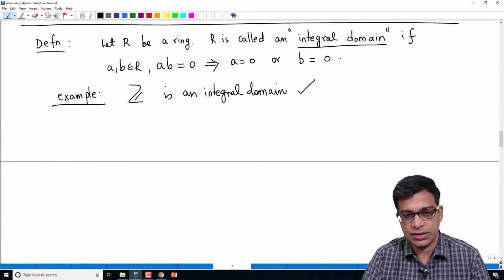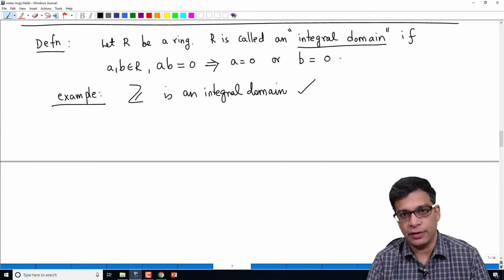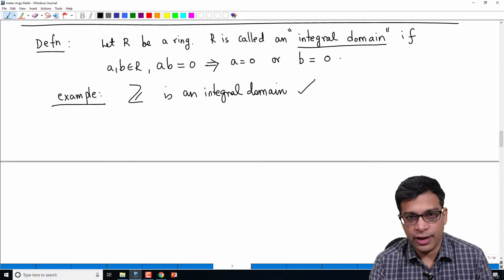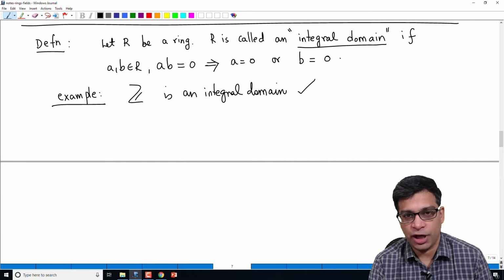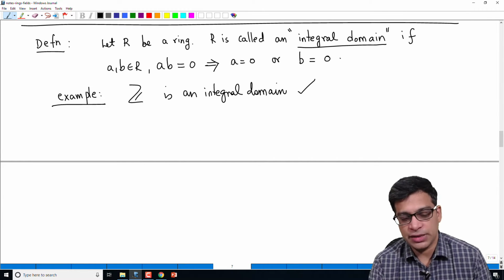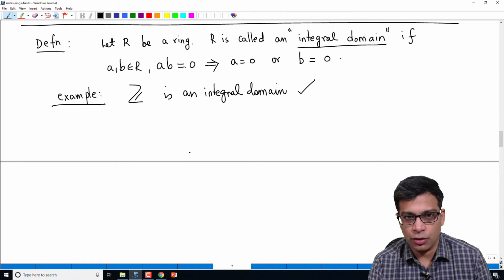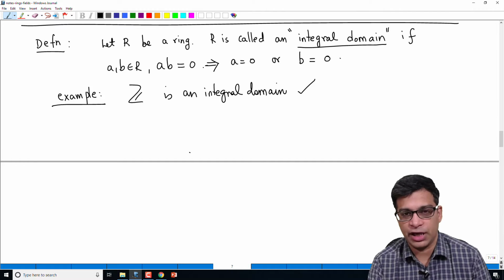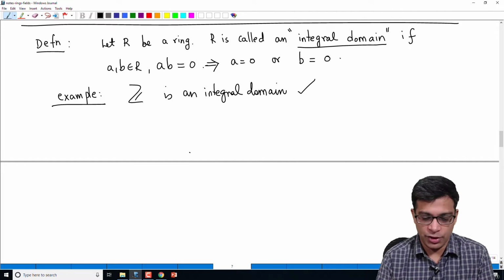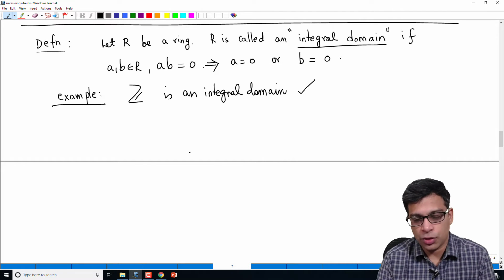And in fact, this suggests that it is related to the definition of prime ideal. There, an ideal I is called prime if AB is in I implies A is in I or B is in I. Here, instead of asking for AB in I, we are saying AB is equal to 0. In other words, it is a statement about the 0 ideal.